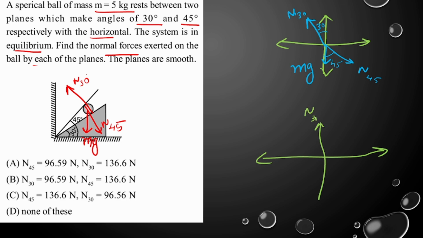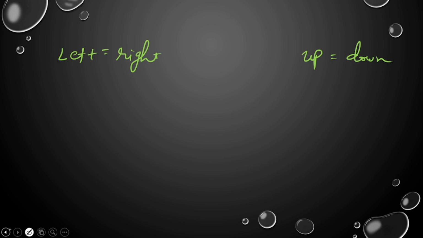N30 cos 30 and N30 sin 30, and N45 cos 45, mg plus N45 sin 45. Okay. So writing left equals to right and another is up equals to down.